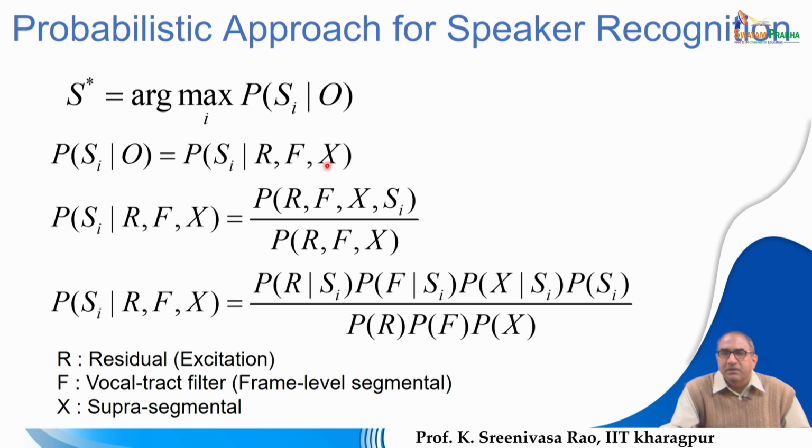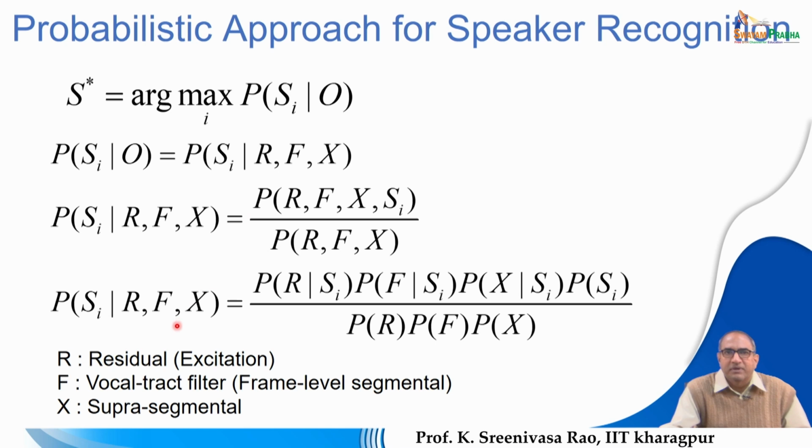And if you analyze a longer speech segment, at the suprasegmental level, we can get other information at a higher level, for example the intonation of the speaker and the duration patterns of the speaker. All these things come from analyzing the longer speech segment. So from the observation sequence one can analyze the speaker identity with respect to different components or different types of information.